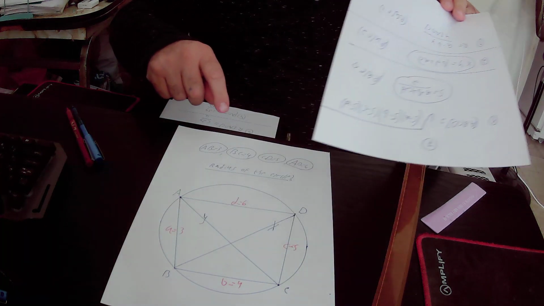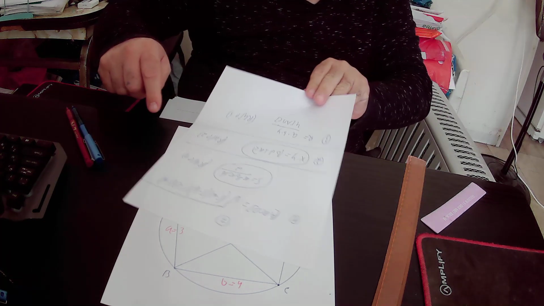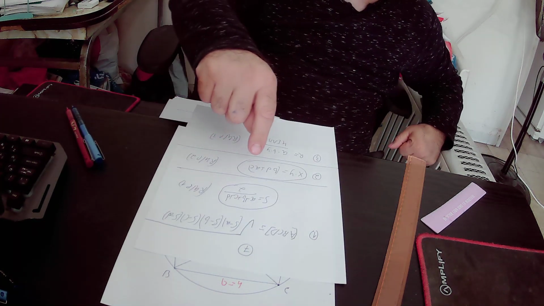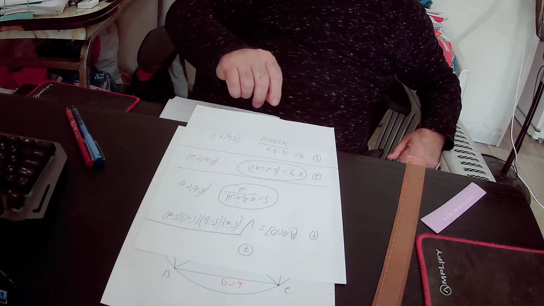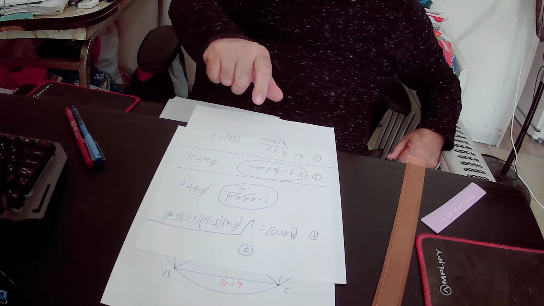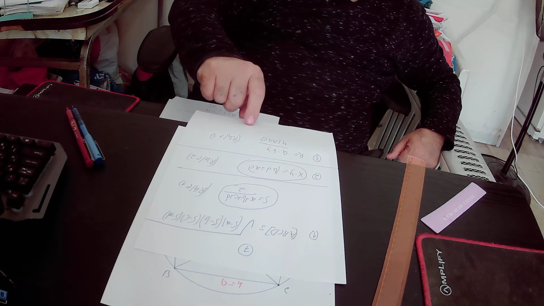A, B, C, and D are the lengths of the quadrilateral's sides, and S equals A plus B plus C plus D over 2. Then we implemented also rule number 2 in our drawing.